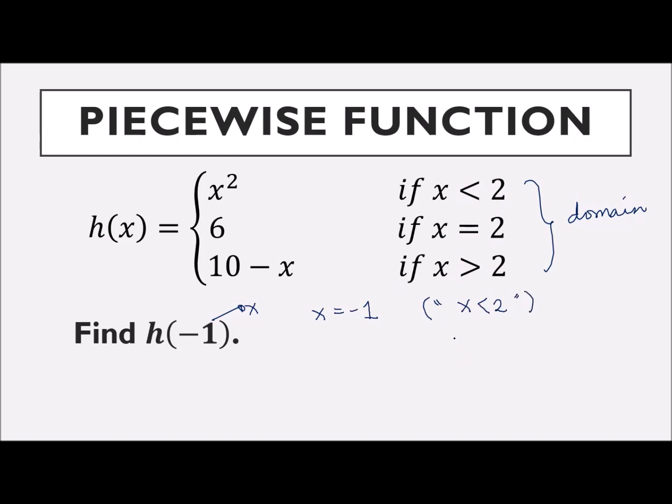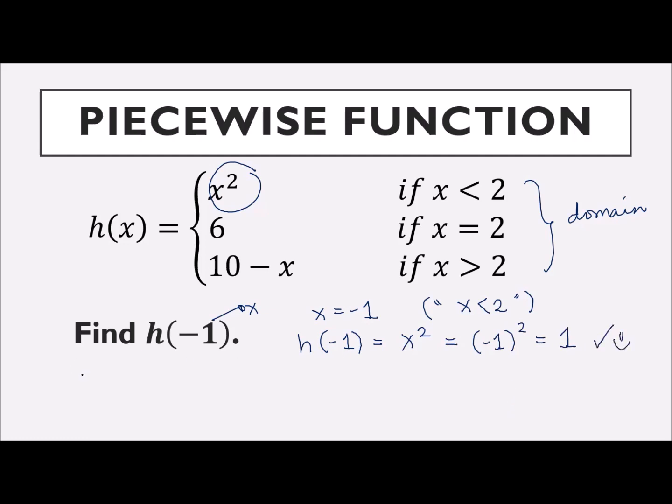Okay, so ibig sabihin, ang kukunin nating function ay si x squared. So ngayon, h of negative 1, so magiging x squared. Okay? So ganun lang. Substitute mo si x na negative 1. So negative 1 squared, the answer right now is positive 1. Okay?